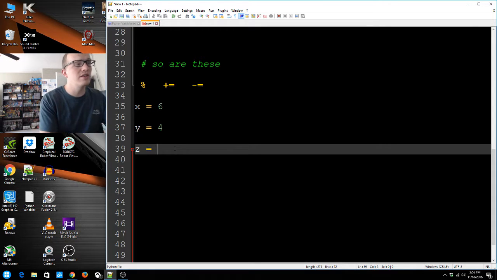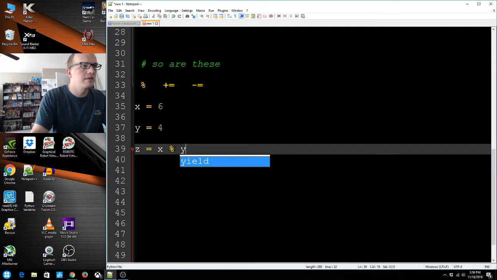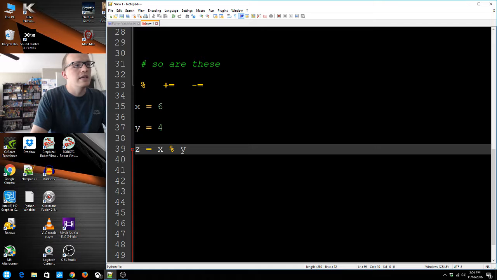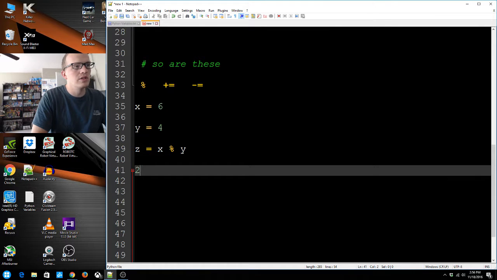All right, now this is a very useful function, and you'll find yourself wanting something like this in your programs a lot. So what you do is, if we did x modulo y, all right, z is now going to be equal to 2. So z's value is equal to 2 because 6 divided by 4 is 1 with a remainder of 2. All right, so that number 2 is going to become the value of z.